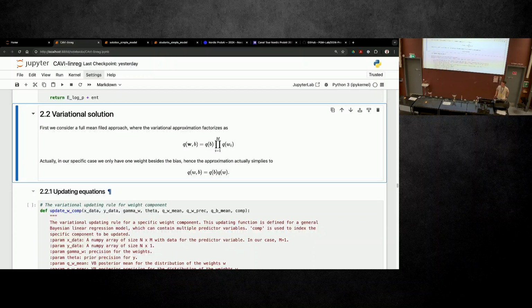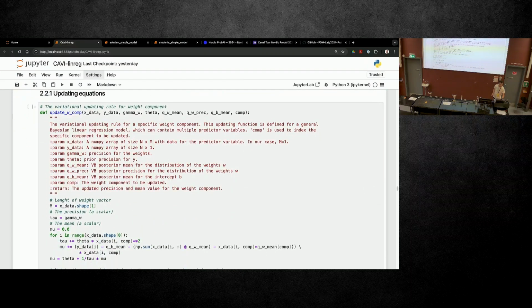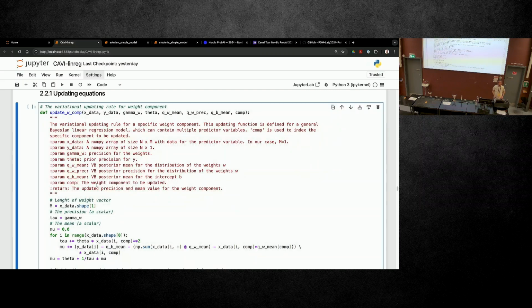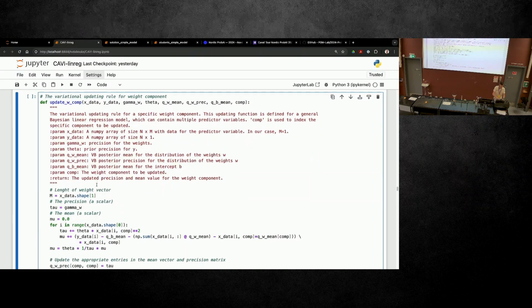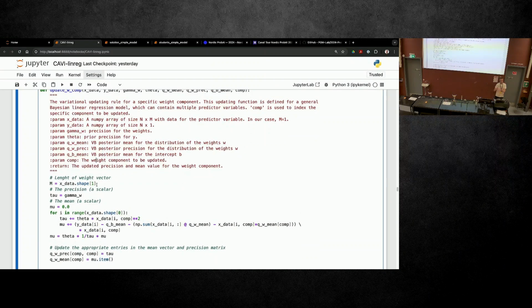For our variational solution, we assume mean field factorization, and again for our simple case it just means that we have this factorization of our variational distribution. We have our updating equations, so here we're updating W, the incline. When you read the code, it's important to remember that this is for the general case.